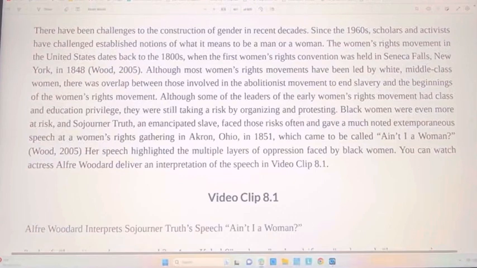Although some of the leaders in the early women's rights movement had class and education privilege, they were still taking a risk by organizing and protesting. Black women were even more at risk, and Sojourner Truth, an emancipated slave, faced those risks often and gave a much-noted extemporaneous speech at a women's rights gathering in Akron, Ohio in 1851, which came to be called Ain't I a Woman?